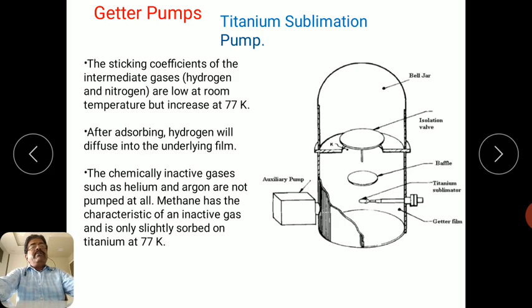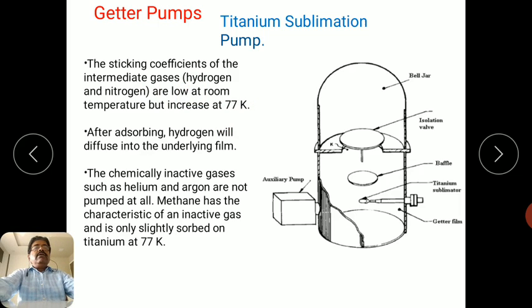Therefore, they can form chemical compounds easily and the pumping speed improves. So for such intermediate molecules, cooling of the surface is required. With the help of liquid nitrogen, you can cool the surface up to 77 degree Kelvin, so that the sticking coefficient improves and the pumping speed continues, or it will be better for these intermediate gases.